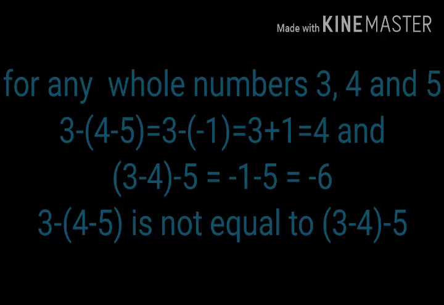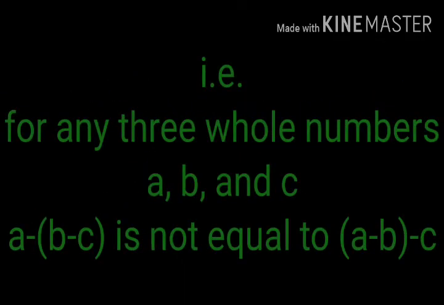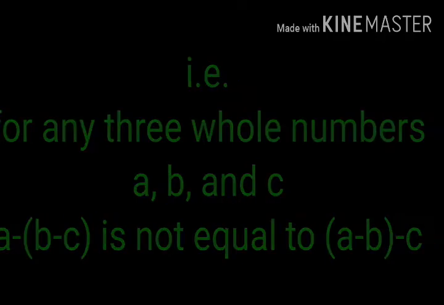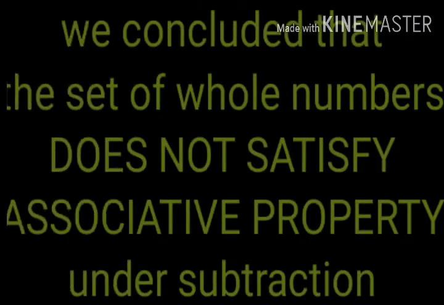And (3 minus 4) minus 5 equals minus 1 minus 5, which equals minus 6. So, both are not equal. That is, for any three whole numbers a, b and c, a minus (b minus c) is not equal to (a minus b) minus c. We conclude that the set of whole numbers does not satisfy associative property under subtraction.